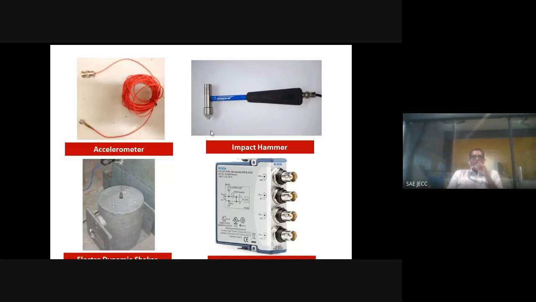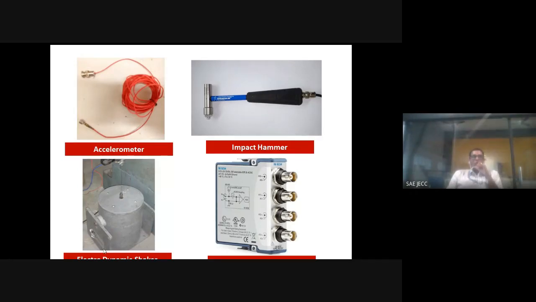And if you want to conduct this type of free vibration experiment, you need an impact hammer, and there will be an electrodynamic shaker that will excite the system according to the nature of the frequency we are giving to it. It can be sinusoidal or constant speed. It can be a sweeping signal.